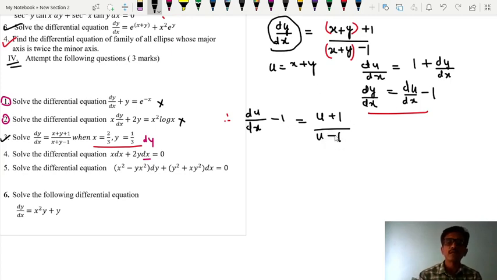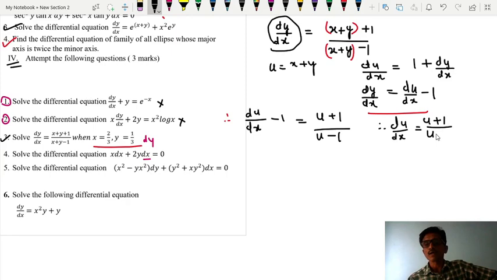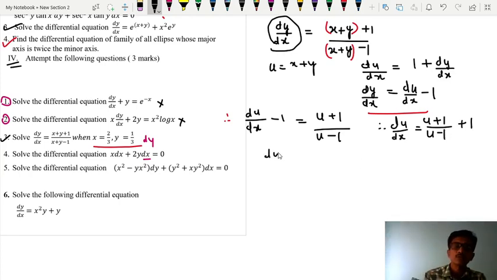Now we take this 1 in the right hand side, therefore du by dx is equal to u plus 1 upon u minus 1 plus 1. LCM will be what? u minus 1 will be the LCM. Therefore, du by dx is equal to u plus 1 plus u minus 1 upon u minus 1.